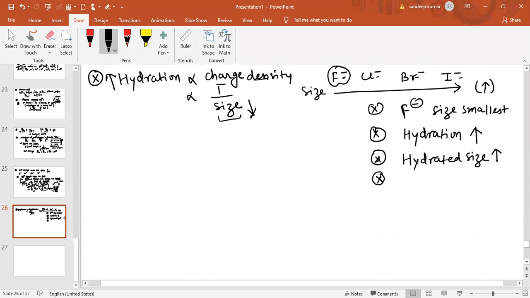Movement is related to mobility. So when hydrated size increases, then ionic mobility will decrease. And when ionic mobility decreases, it means nucleophilic strength will decrease.